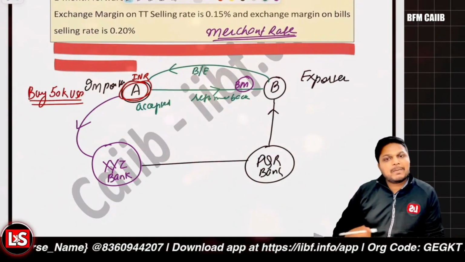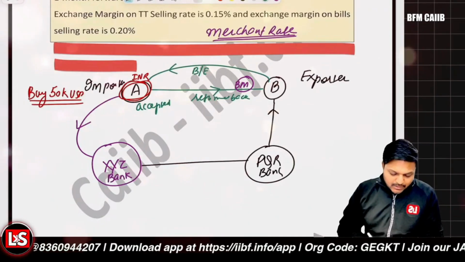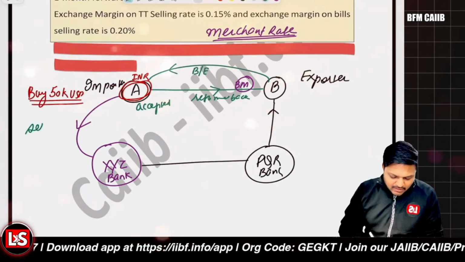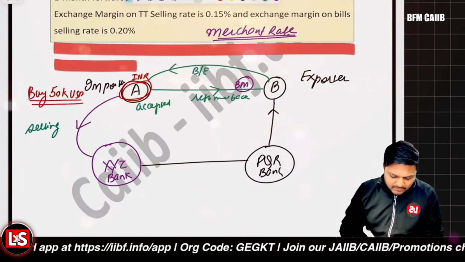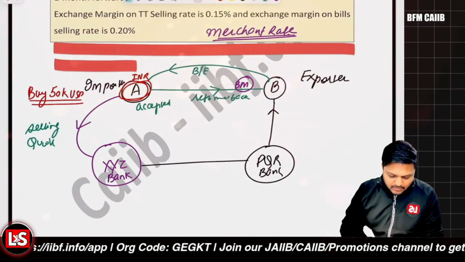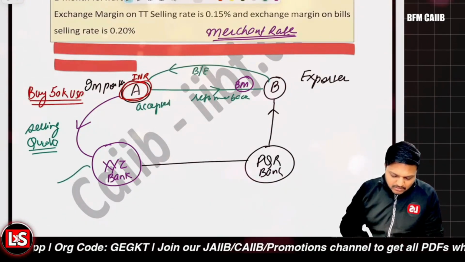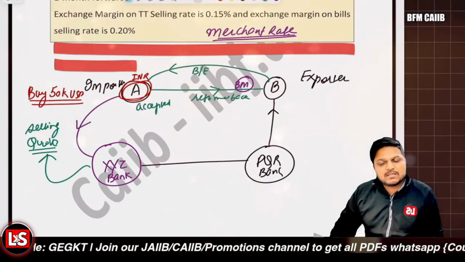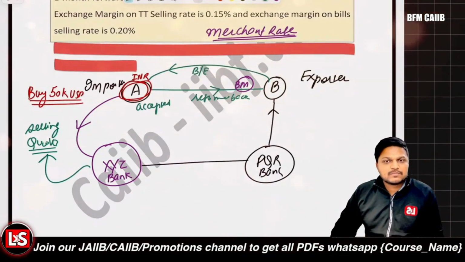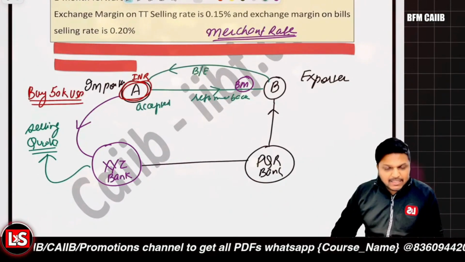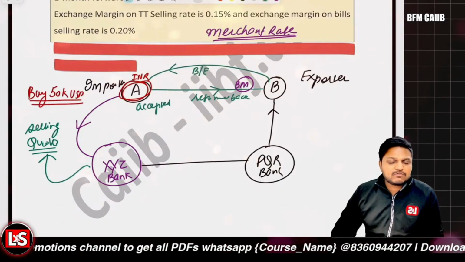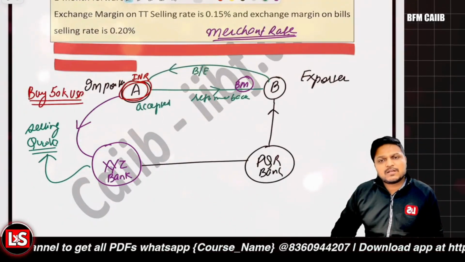The customer wants to buy, so it is a selling quote which will be given by the bank. For selling the USDs upfront for the payment purposes, the selling quote will be applicable. Would this be a same day transaction or some other day transaction?